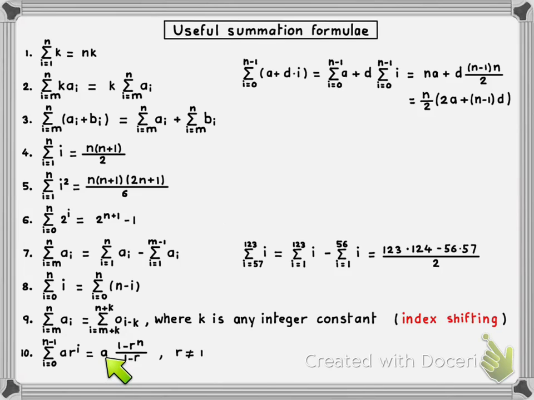It's equal to a times 1 minus r to the power n divided by 1 minus r, which of course does not work when r is equal to 1, since we cannot divide by 0. So what happens when r is equal to 1? Well, these terms become just a, and the sum of a, n times, is just n times a.